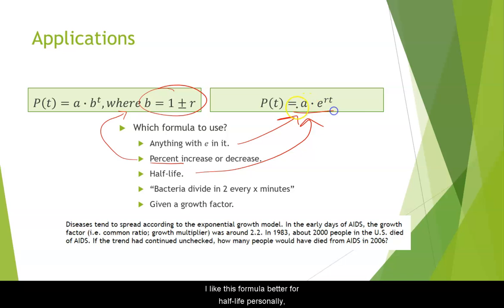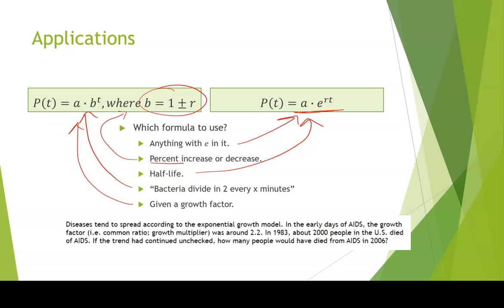I like this formula better for half-life personally, but it's your choice. When you see bacteria divide into every x minutes, you're given that the base is 2. So in this one, I would definitely use a times b to the t, and b would be 2. If you're given a growth factor, I think usually that a times b to the t is easier.